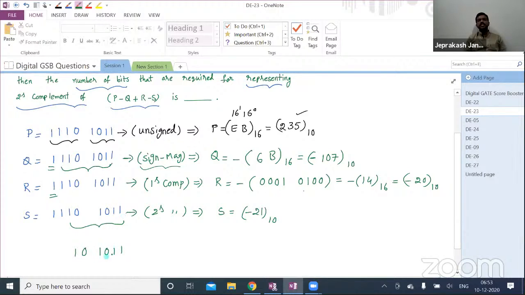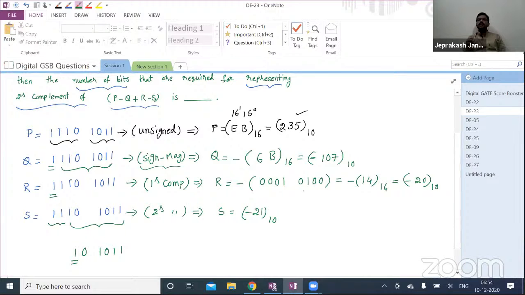If you consider these 6 bits, whatever the decimal equivalent you will get, the same number you will get for the entire number, because the sign bit is 1. To the left of this particular sign bit, he has placed simply 2 more ones. N number of times, even if you put the same sign bit to the left of the sign bit, the equivalent value won't change. Right? This is the sign extension property.